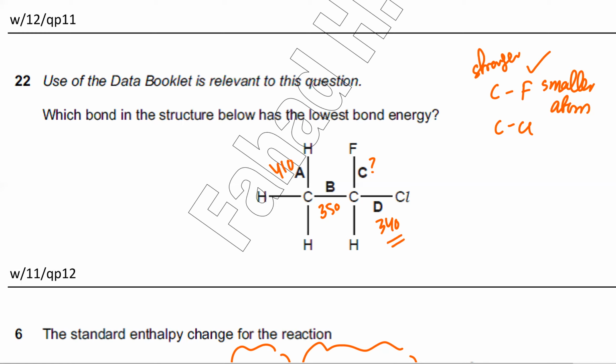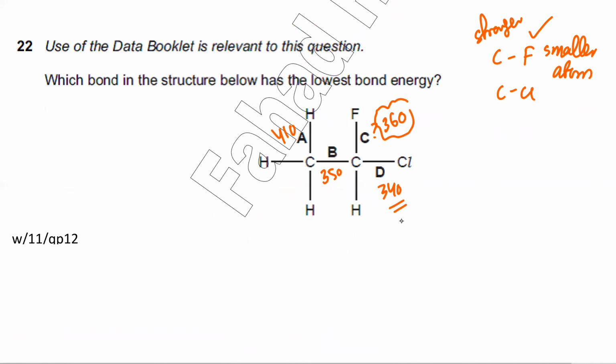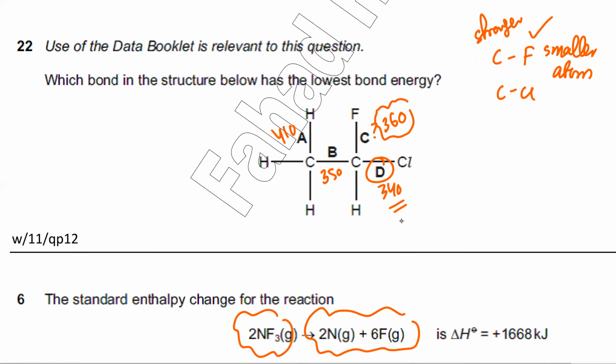So let's say it's 360. This one is just a made up value. He was looking for the lowest bond energy, so out of all of them, that is by default going to be C-Cl. So the answer to this question would be D. Why? Because out of the three, the lowest was C-Cl.